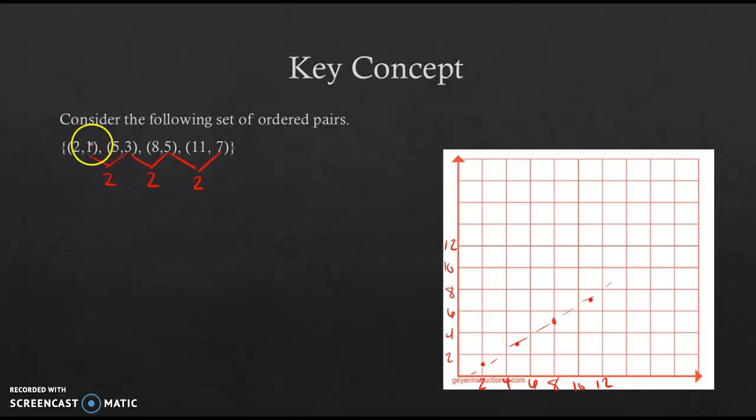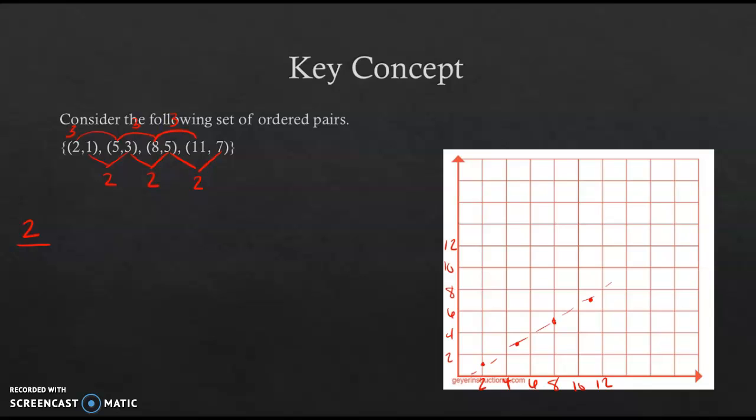So y minus y, y minus y, y minus y. So I know that my rise is 2, and then my run is going to be 5 minus 2, which is 3, and 8 minus 5, which is 3, and 11 minus 8, which is 3.